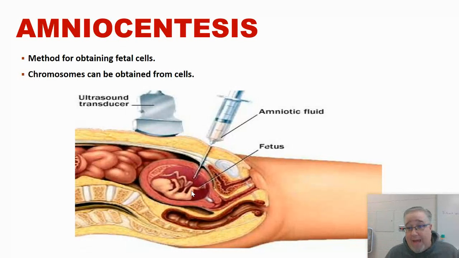It's called amniotic fluid, and the baby is floating in it, but there's a bunch of cells in that fluid from the baby. So what they'll basically do is inject a needle inside and suck out some of that amniotic fluid. And inside of that syringe will be some of the baby cells.